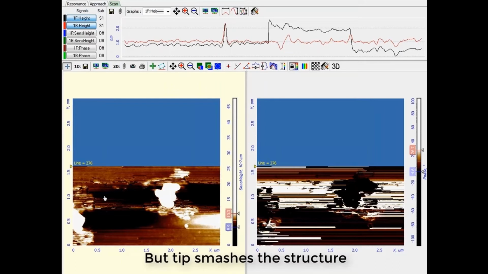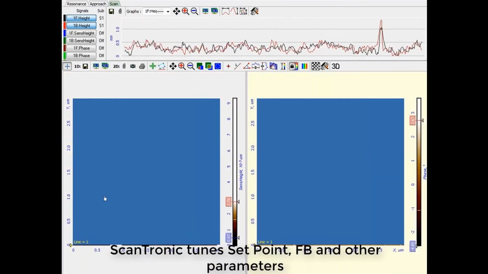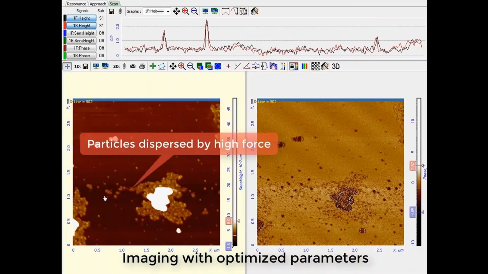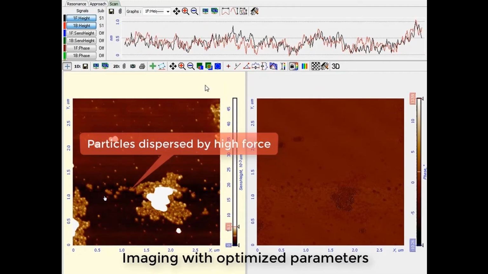And is it possible to develop some system that would allow, by pressing literally one button, adjust the key scanning parameters like set point, feedback gain, and others like scan speed, that after some adjustment, it would become possible to get the high quality and reliable image, like in this example, and even to see that some particles on this sample were dispersed by the high force.